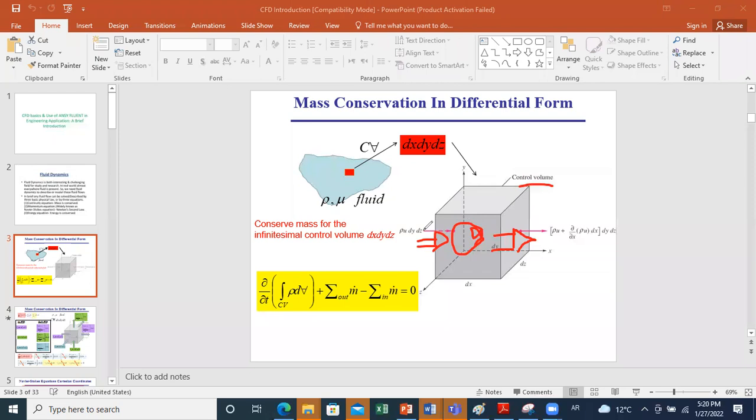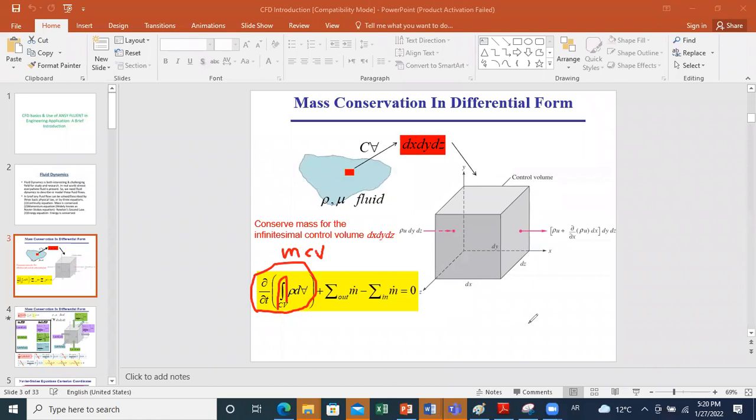So to take into account all possible scenarios, I will write the general equation. The general equation for any small control volume is the accumulation of mass within this control volume, which is represented by del t, the partial derivative with respect to time of the mass of fluid within the control volume. Now here, no need to perform integration, since I'm already taking a very small volume.